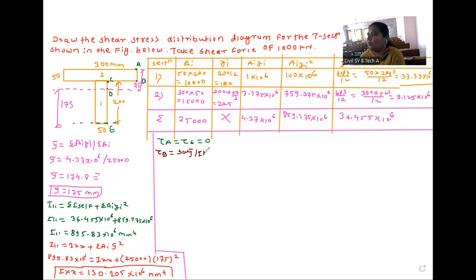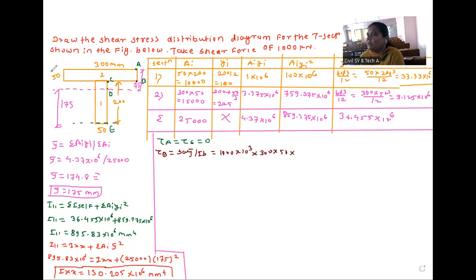Shear stress at B is equal to A y bar divided by I b. Shear force is given as 1000 kilonewton, so 1000 into 10 raised to 3 into area. We are calculating at B, so the area above this B point is 300 into 50 into y bar.